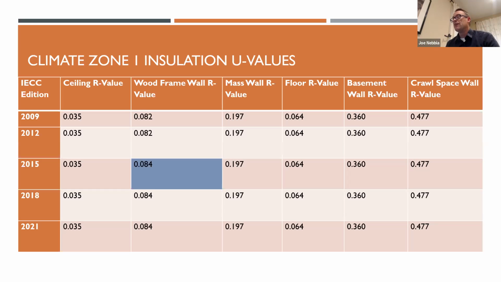And that was a convincing argument at the code hearings. And so we realigned the U values given for wood framed walls. It's not more or less stringent, really. It's saying that an R value performs at a different U value than what used to be in the tables. So just something to point out. It's really only relevant if you're doing a UA calculation, and probably not even then, as it's a pretty minor change.